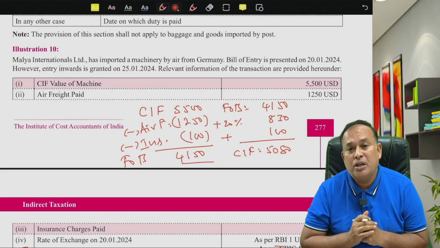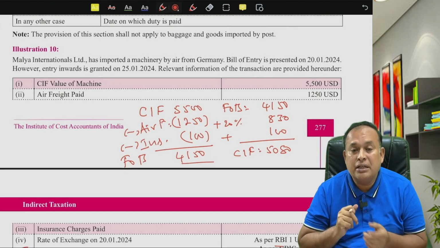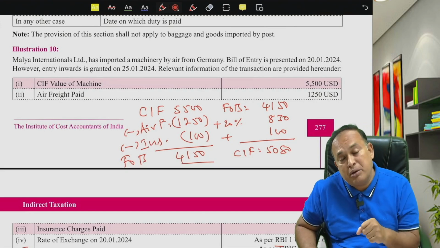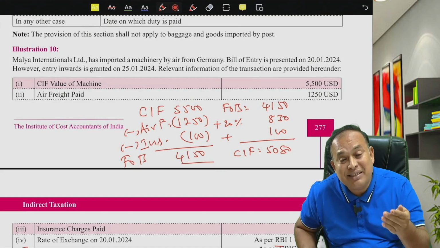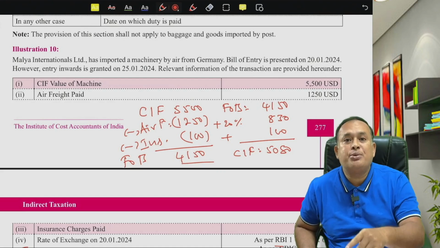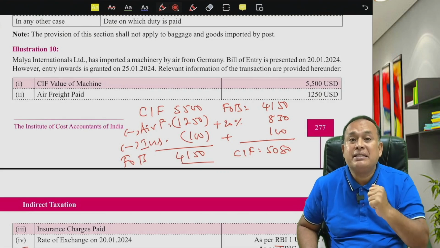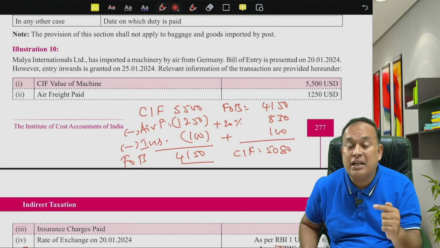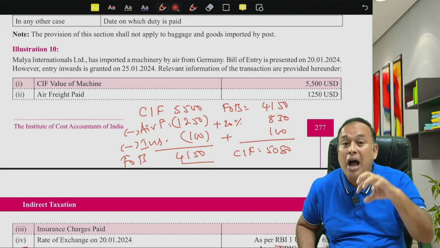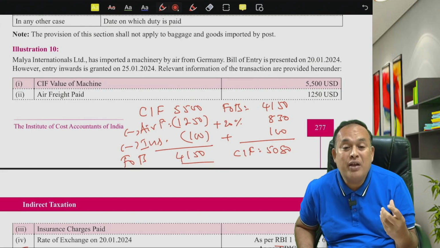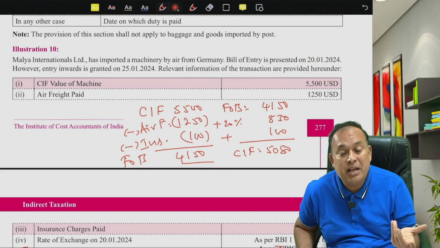Dear friends, be careful. In the examination, generally we want to find out the CIF value, but in the given problem, CIF value is given along with the air freight. If the CIF value is given, that is the value. Why is air freight given? It is an indication that you have to identify the correct air freight while arriving at the assessable value, namely the CIF value.